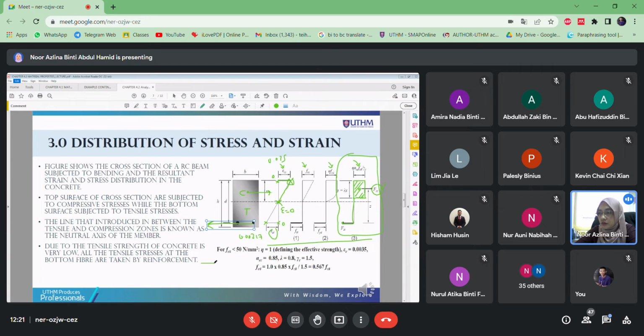So, kalau lukis balik, this is the neutral axis. You can just draw one line starting from zero. This is the reinforcement, and this is the surface of the concrete. So make it as one rectangle shape here. This is the neutral axis.